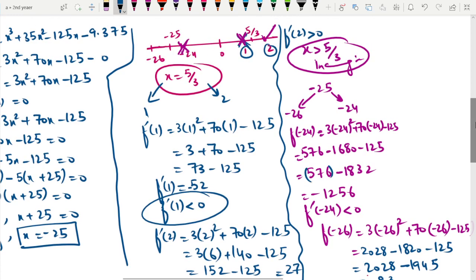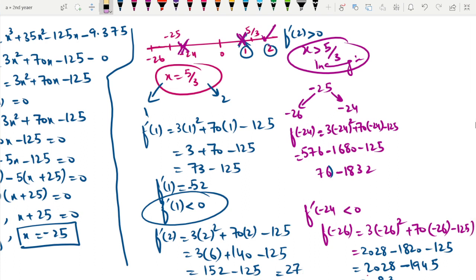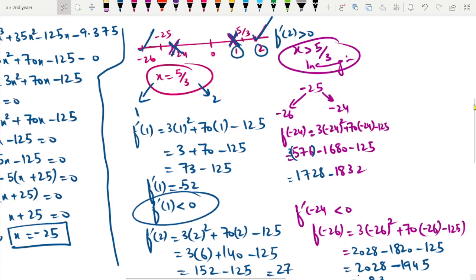We should multiply this with 3: 3 into 676 is 2028. The answer of this is still negative. So the function here is also decreasing. Here the function is decreasing, here the function is decreasing, here the function is increasing, and here the function is increasing.